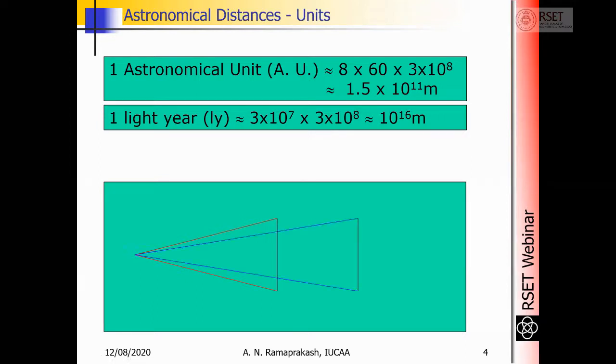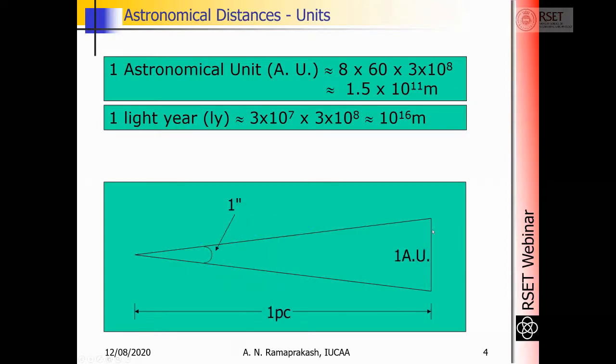As you move the stick farther and farther away, the angle subtended by these 2 lines from the edges of the stick will become smaller and smaller. You are sitting here and looking at the stick. As the stick goes farther and farther away, this angle becomes smaller and smaller.